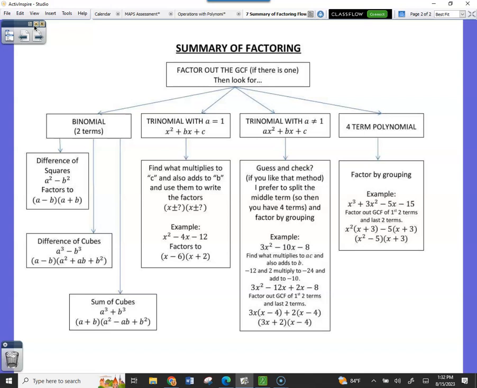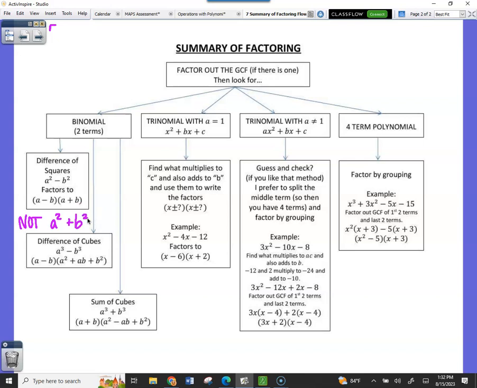Do you remember the type of quadratic that's a binomial that does not factor? Doesn't matter what numbers are in it. Let me show you. I'm going to say not a squared plus b squared.